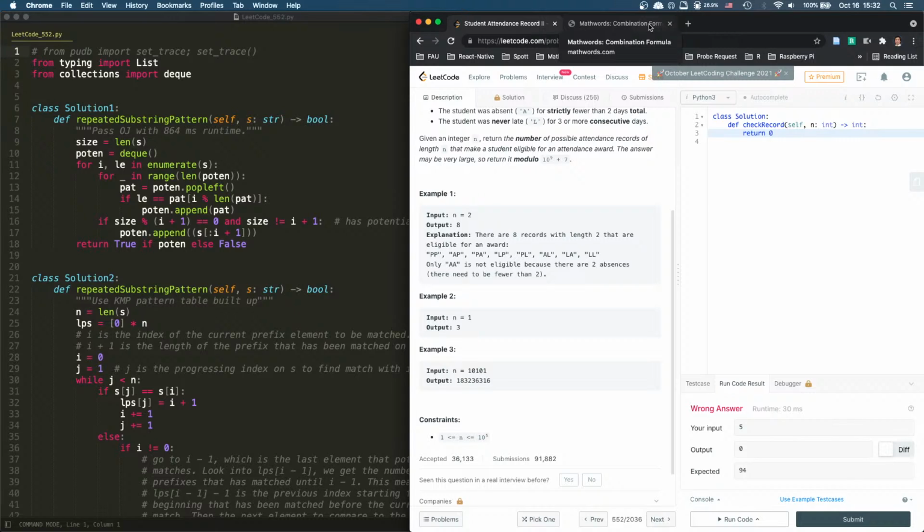L we can do A, and the remaining is no A, right? Remaining is no A. No A is 2. And then we can now do L. That's 43.